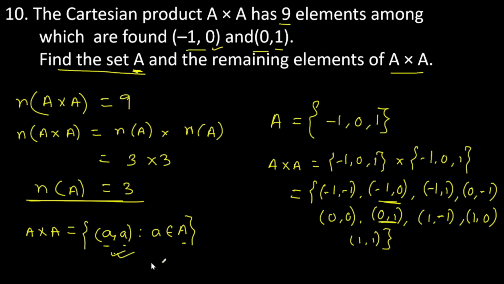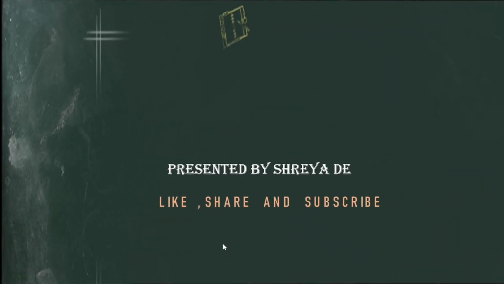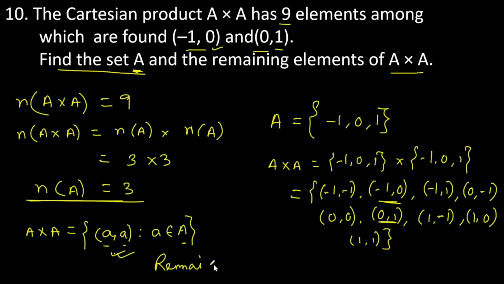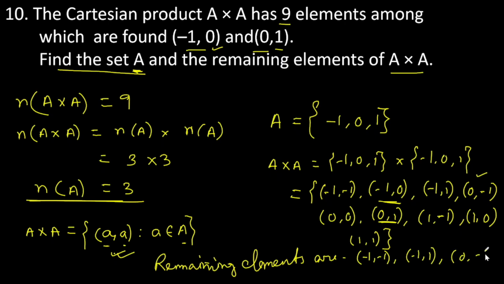So the remaining elements are (-1,-1), (-1,1), (0,-1), (0,0), (1,-1), (1,0) and (1,1).